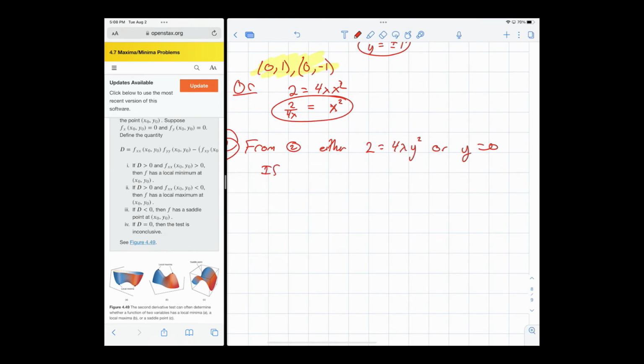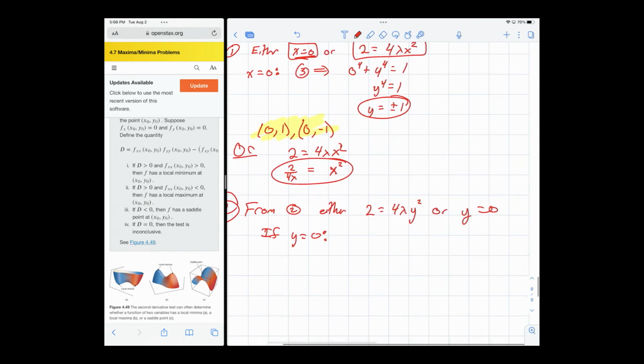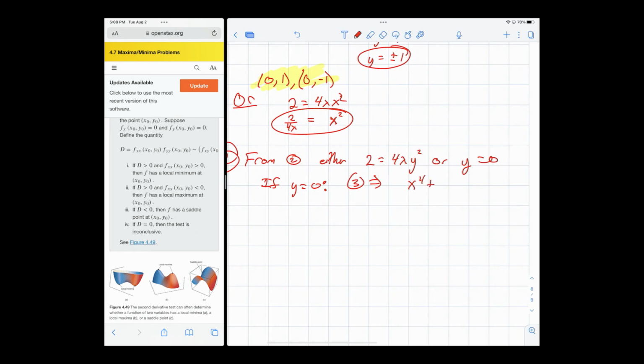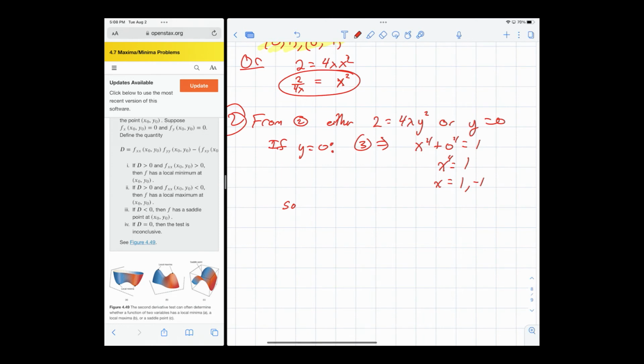And if y equals 0, then you can go to equation 3 again, which would tell you that x to the 4th plus 0 to the 4th equals 1. So x to the 4th is 1. So x is 1 or minus 1. So we get 0, 1. Nope, those are backwards.